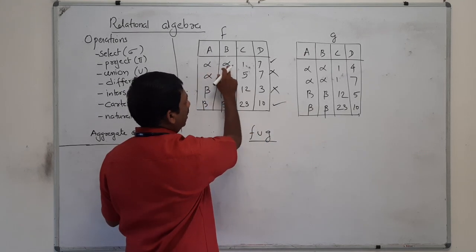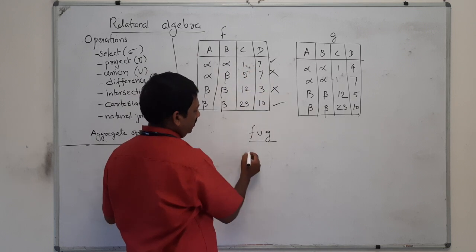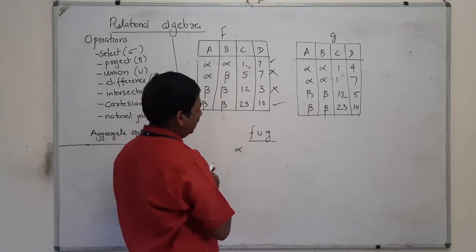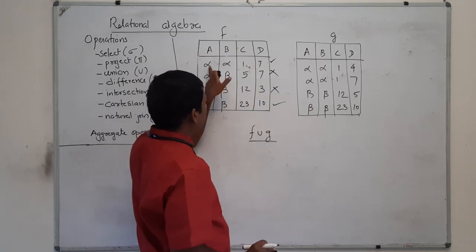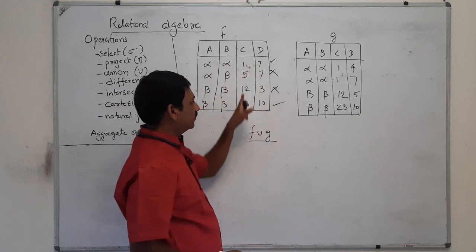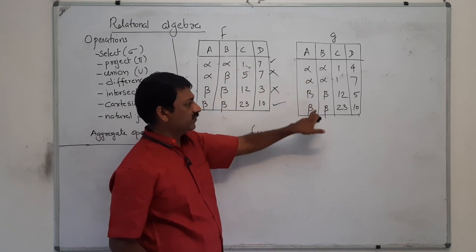Initially you are taking alpha alpha 17. That means you are taking all the tuples of this and all the tuples of this.